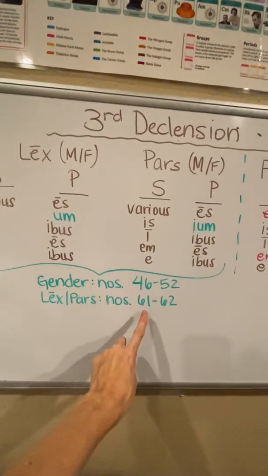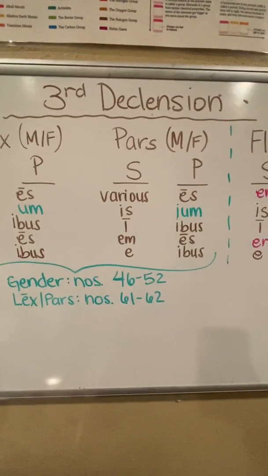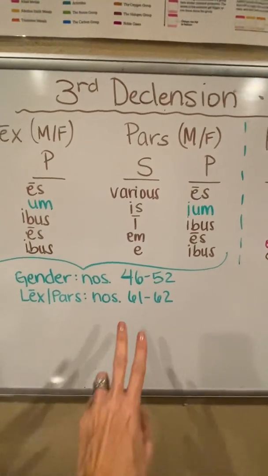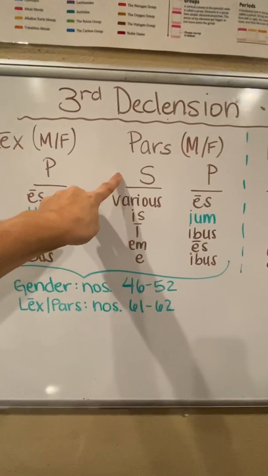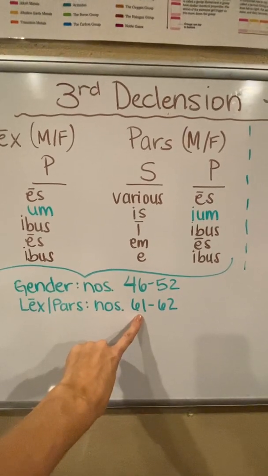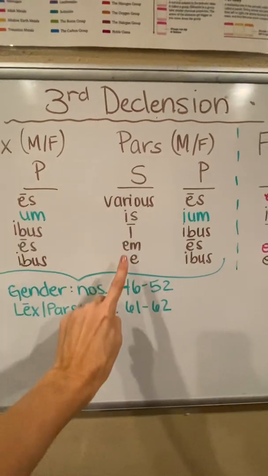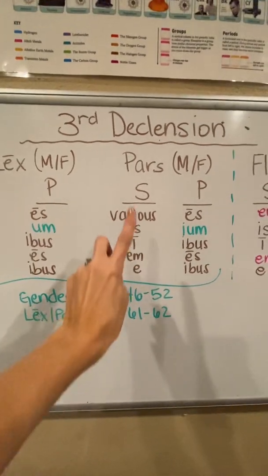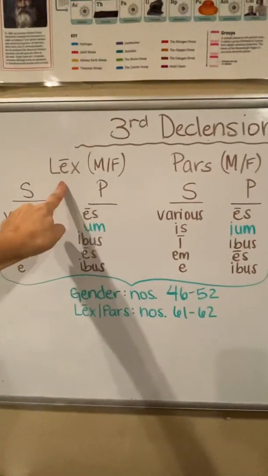But that's where we find the grammar numbers. You'll see in the book they'll say 61, I think, or 60 to 63 or something like that. I just gave you the two main ones that determine whether the word follows pars. Those rules are to determine pars. If the rule is satisfied by a vocabulary word, then it's a pars word, and it's declined by pars. And if it doesn't satisfy a rule, then you know it's a lex word.